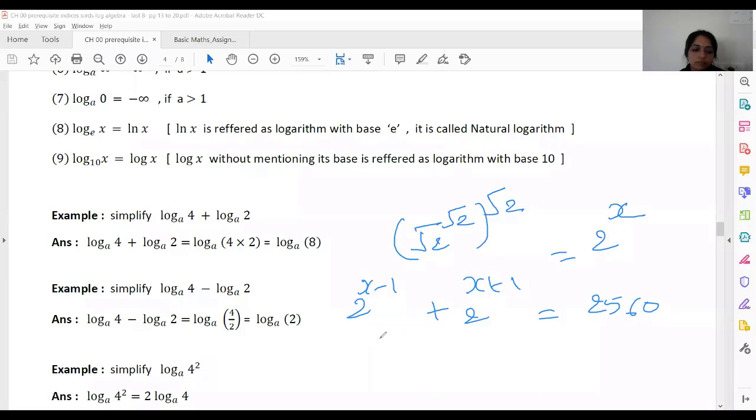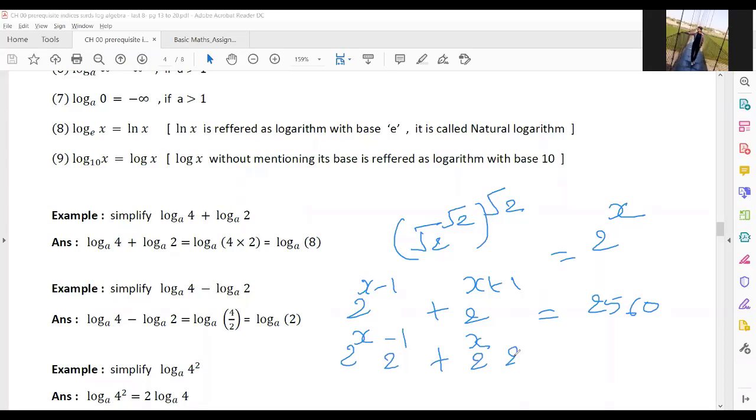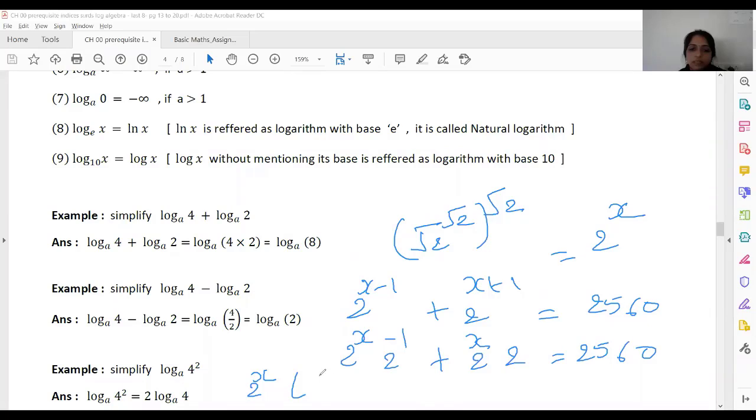See, here 2 raised to x into 2 raised to minus 1 plus 2 raised to x into 2 is 2560. Ma'am, 10. Yes, exactly 10. How? Here, if we take 2 raised to x common, then 2 raised to minus 1 is 1 by 2, plus 2 is equal to 2560.